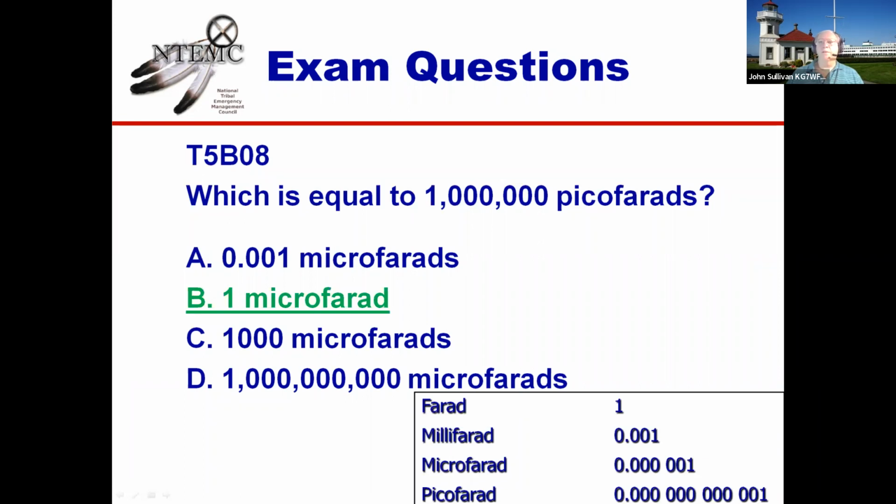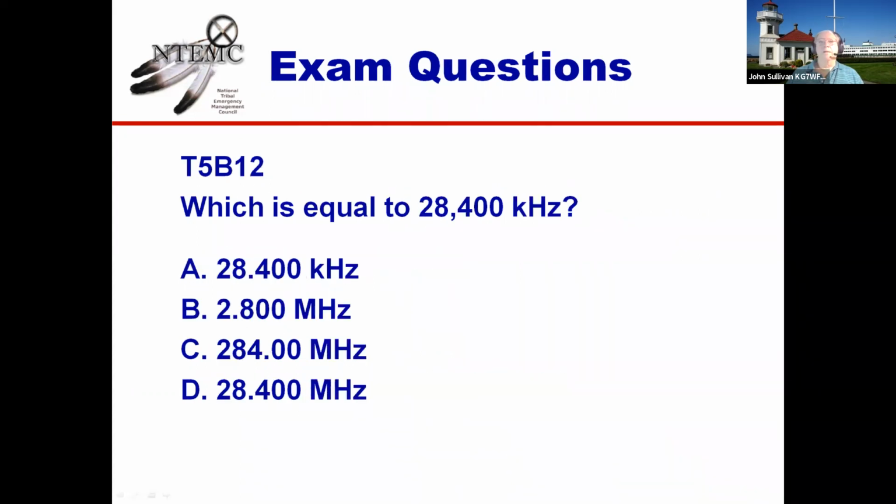So you can see down there at the bottom, you get a look at the decimal points, the numbers of zeros that are in there. You can see that micro would be 1,000,000. Move that 1 down to the row below, and you would see that it looks like 1,000,000 behind it. So that would be a microfarad. And here we go. What's equal to 28,400 kilohertz?